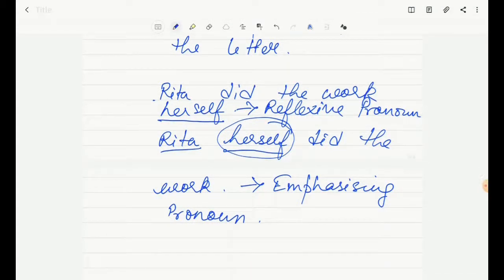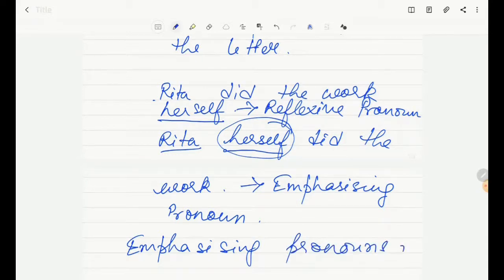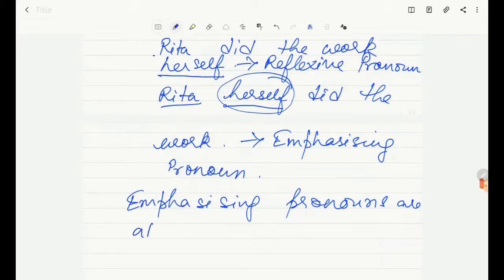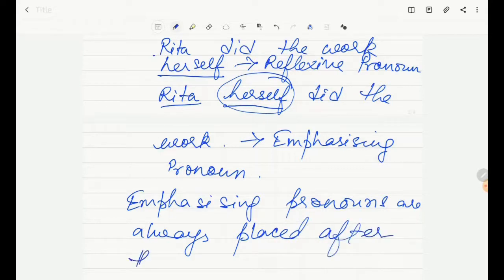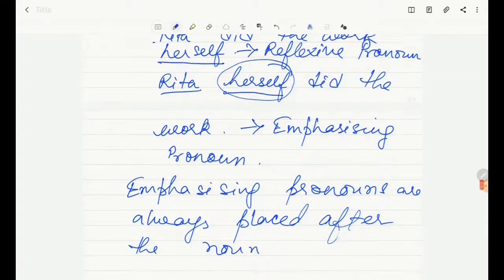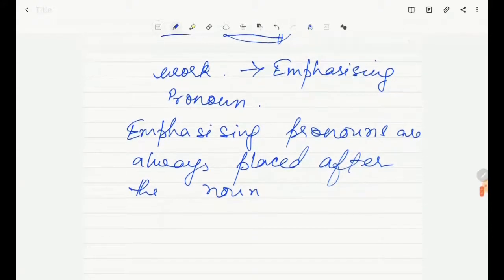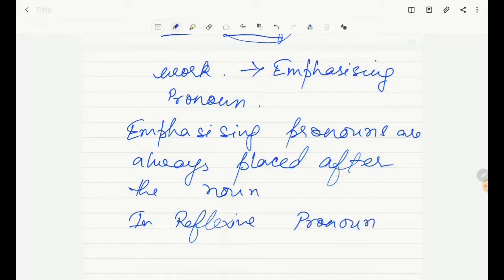In most cases, emphasizing pronouns are always placed after the noun. But a reflexive pronoun is always at the end of the sentence.